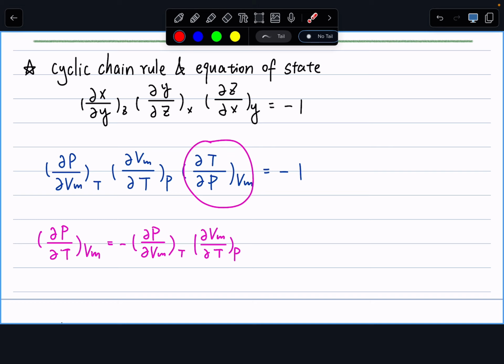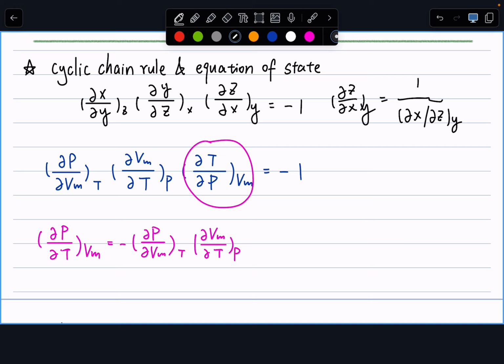It's not too straightforward to measure P over Vm, but it's easy to measure Vm over P. So we're going to use our relationship, which is dz over dx at constant y equals 1 over dx over dz at constant y.